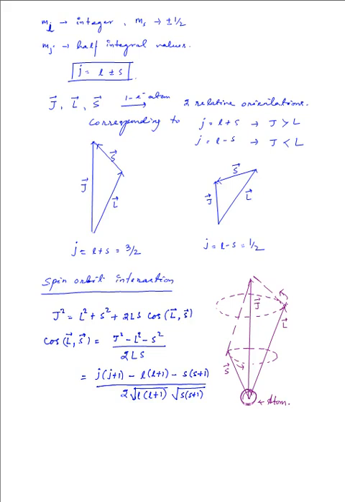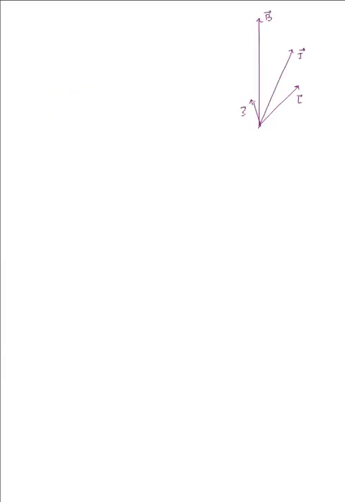Now, suppose we consider the existence of an external field, then what do we have? In this case, we observe that L and S precess about J. In that case, J itself, in the presence of the external field, will be precessing about the external field, while L and S will continue to precess about the J vector, that is the total angular momentum.